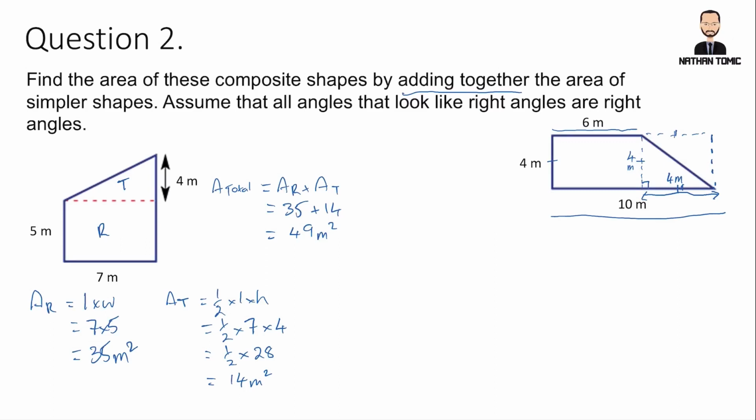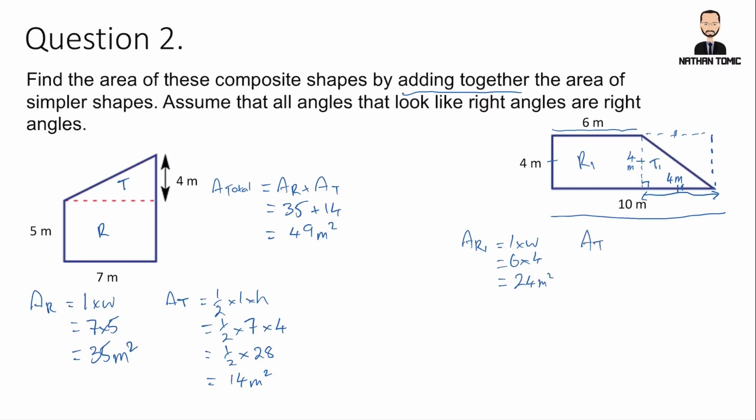So let's go ahead and do this again. Area of the rectangle, let's just label them R1, and I'm going to call this T1 to differentiate it. So area of R1 is equal to length times width, which is equal to 6 times 4, which is equal to 24 meters squared.